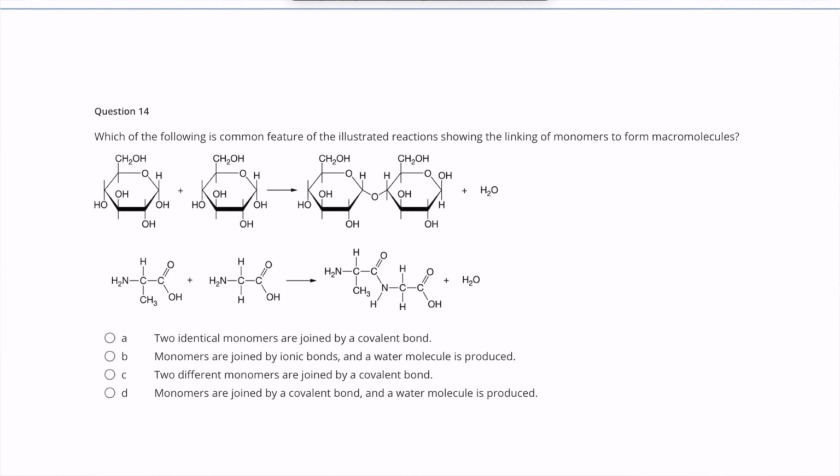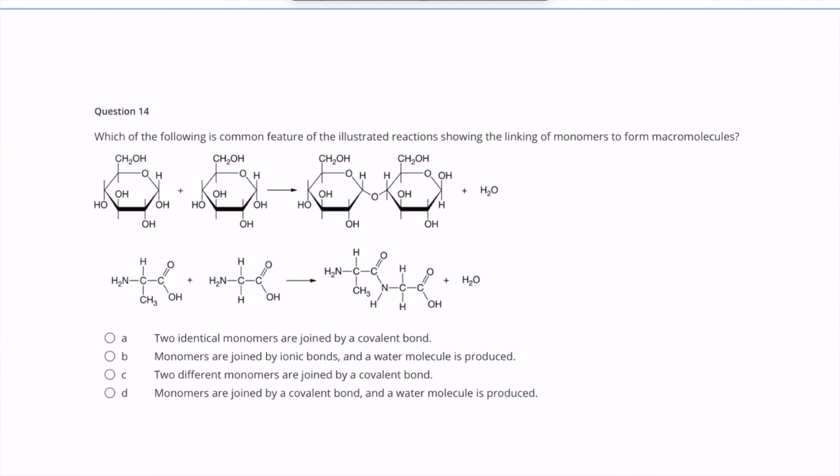So that's the kind of questions you will expect from macromolecules like protein. Here's another one. Which of the following is a common feature of the illustrated reactions showing the linking of monomers to form macromolecules? Here they have two different reactions shown. On top they have sugar.